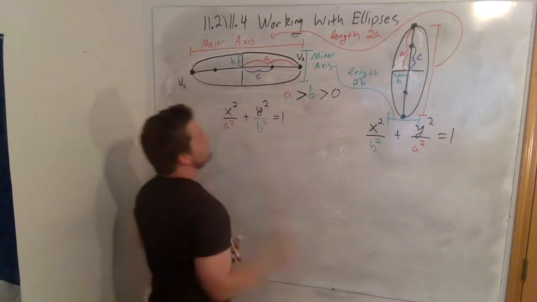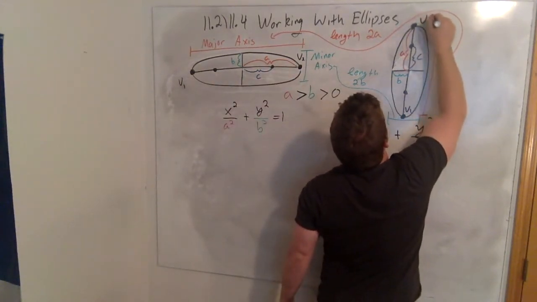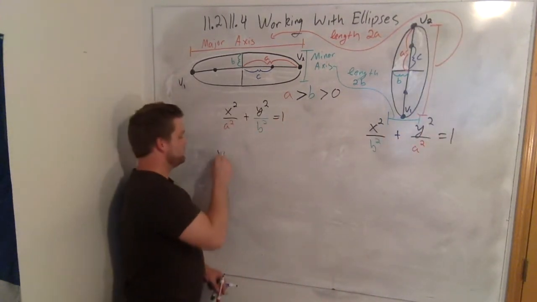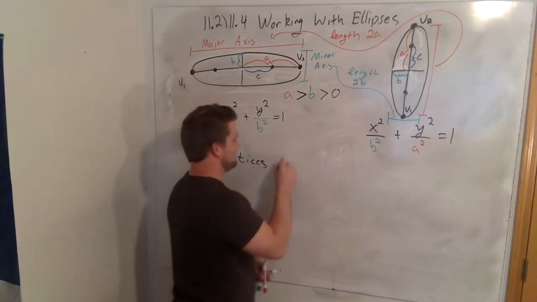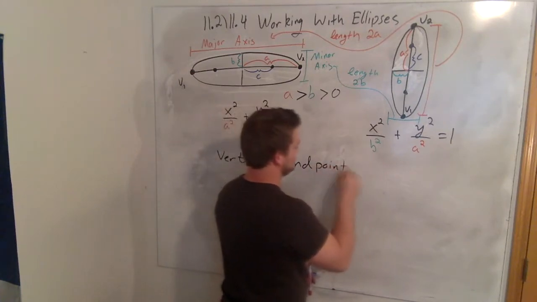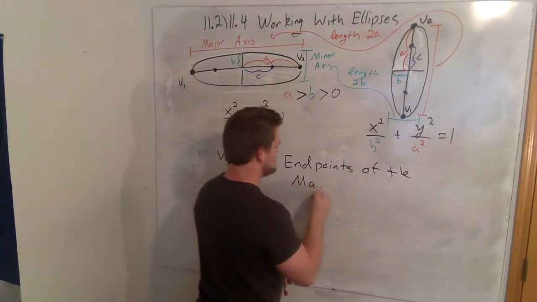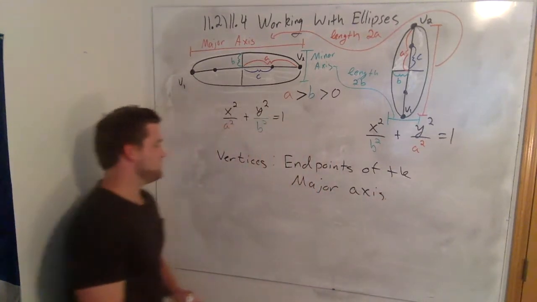So V1, V2, and this will be V1, and this here will be V2. The vertices will be the endpoints of the major axis.